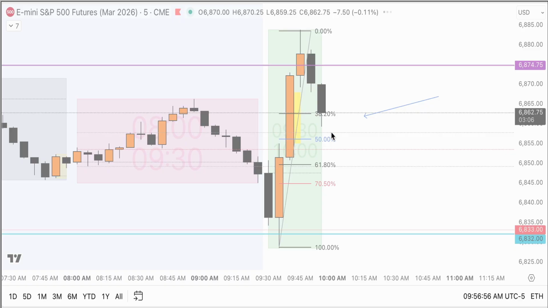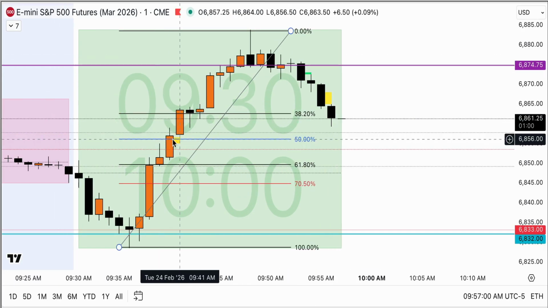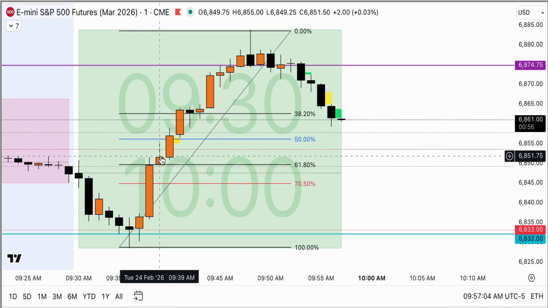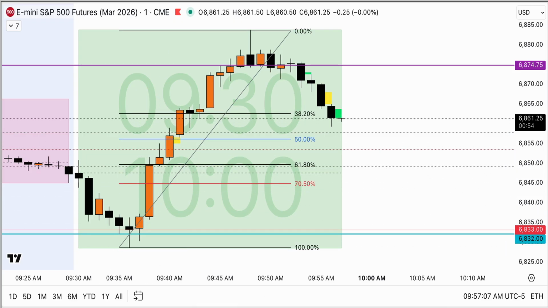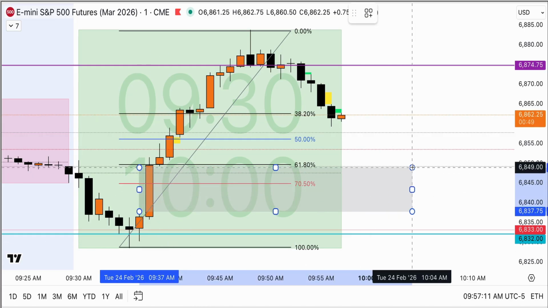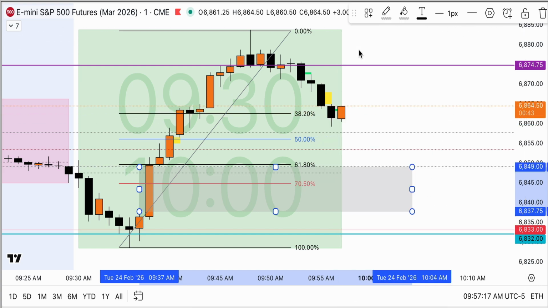So there's nothing on the 1 minute at the moment. It's still retracing. We do have this 1 minute fair value gap, and we've got this very big fair value gap right here. That's why I mentioned the order block, because this is quite a large 1 minute fair value gap. I'm just highlighting that one.